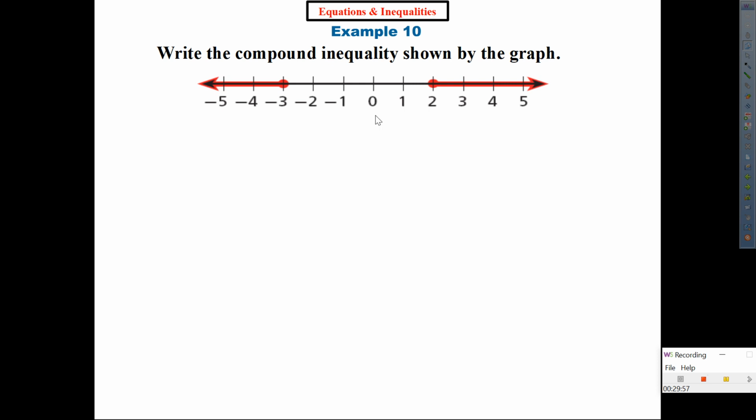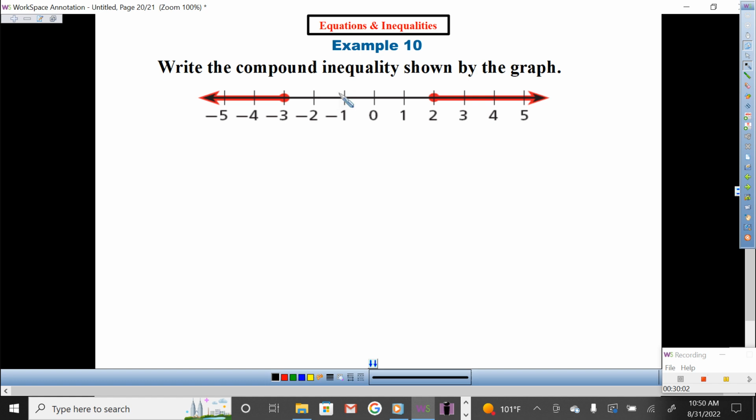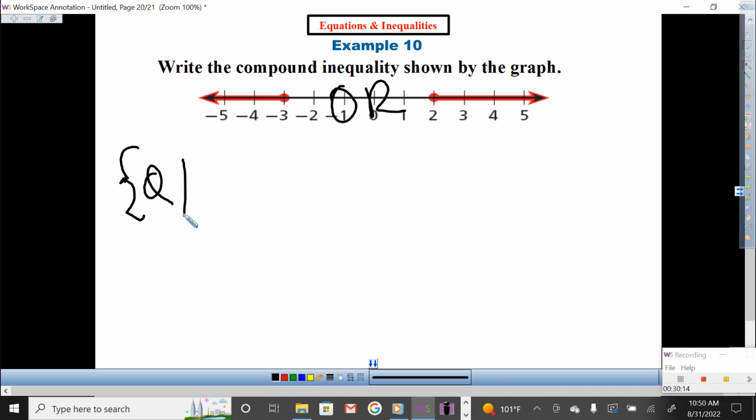Here we go. So we said that this is a what? Or. So I'm going to write in here or, so that I know exactly what I'm looking at. So then solution set. Do they give us a variable? No. I'm going to use Q such that. All right, question. What does this shaded region represent? The variable.